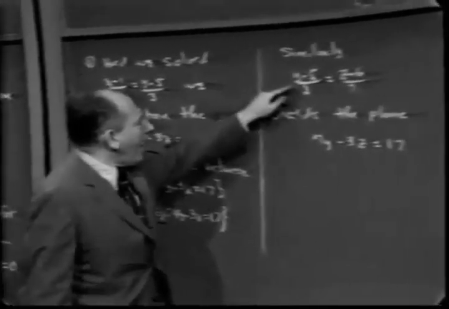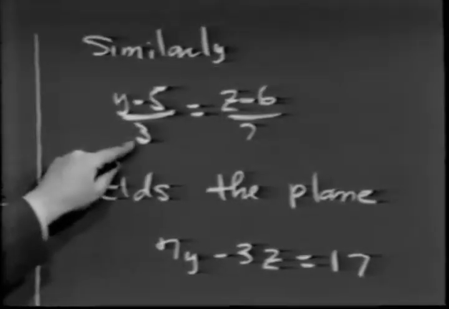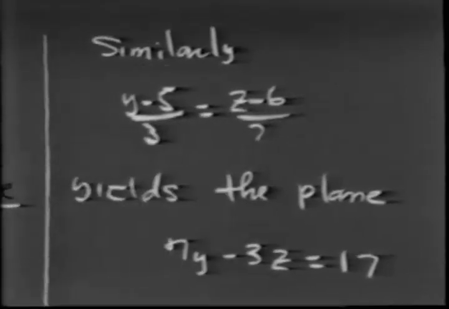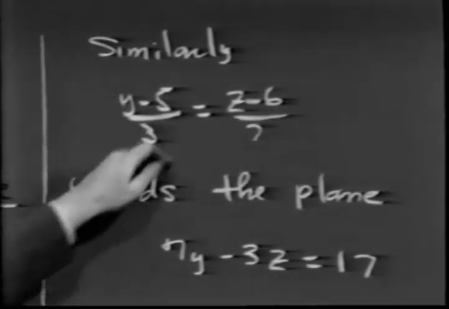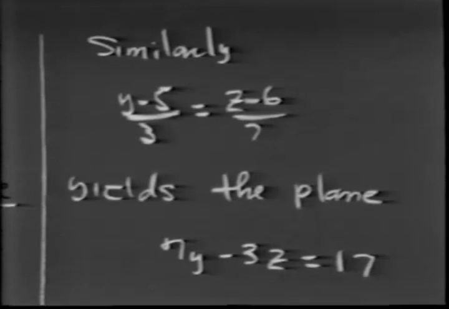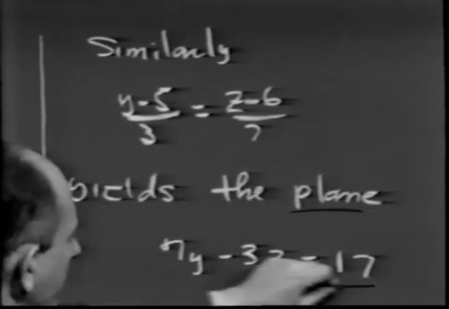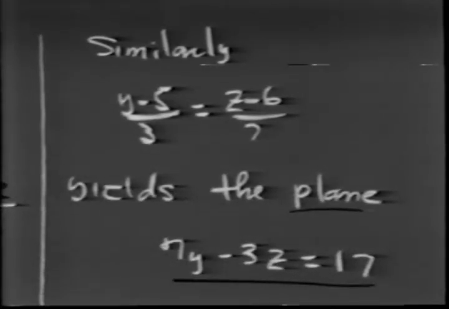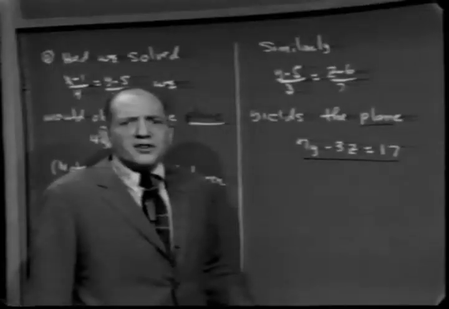Well, anyway, rather than belabor this point, what I'm saying is, in the same way that this equation represents a plane, in a similar way, had we equated (y minus 5)/3 with (z minus 6)/7, we would have obtained the plane 7y minus 3z equals 17.